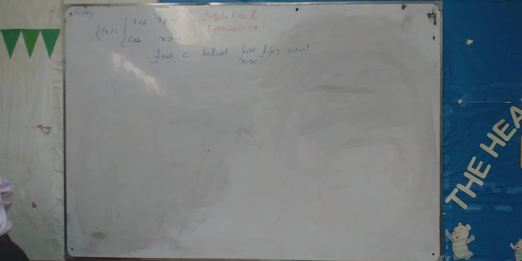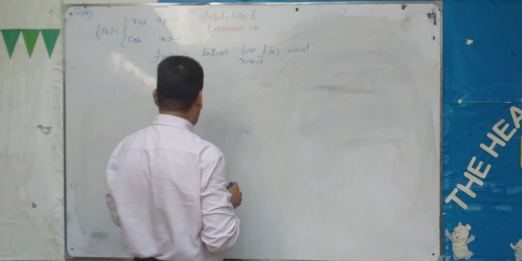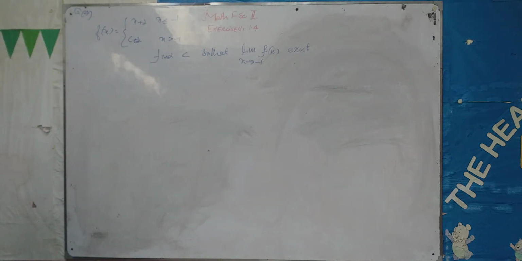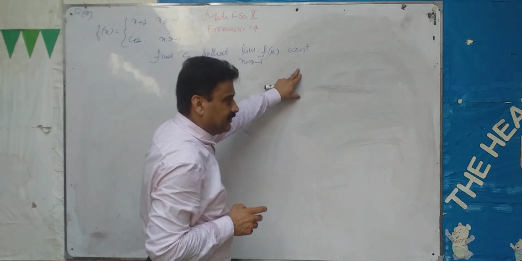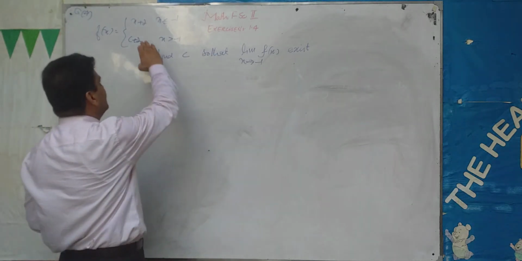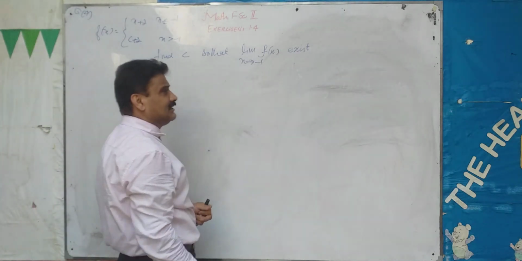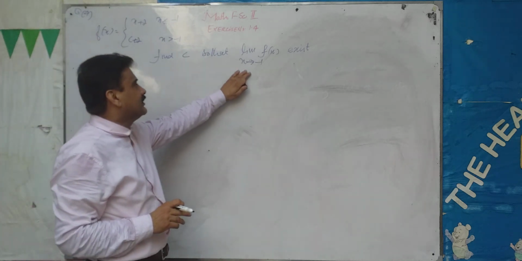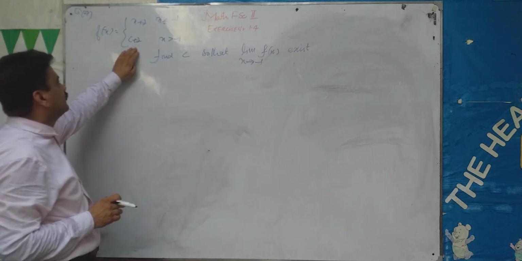In this question we don't need to prove the function is continuous, but it is given that the limit of the function exists. It means the right hand limit and left hand limit both will be equal when x approaches minus 1. And from this we have to find the value of the unknown constant c.